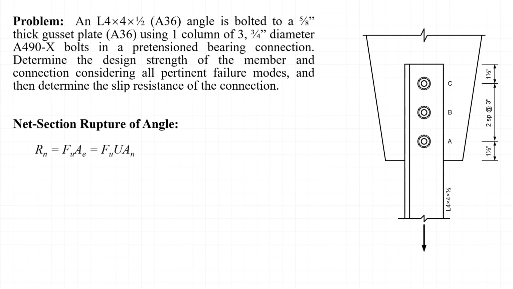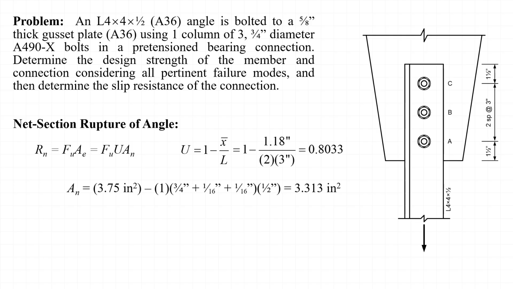Next, we'll look at the net section rupture strength of the angle, where the nominal strength, R sub n, is equal to F sub u times A sub e, or F sub u times A sub n. Using 1 minus x bar over L for the shear lag reduction coefficient, and substituting in 1.18 inches for the connection eccentricity and 2 times 3 inches for the connection length, we find that U is equal to 0.8033 in this case.